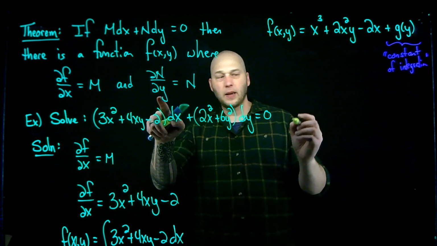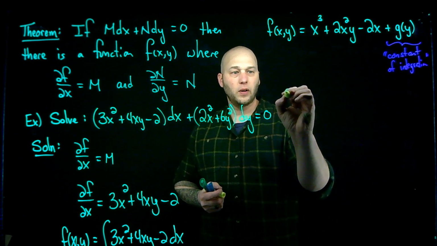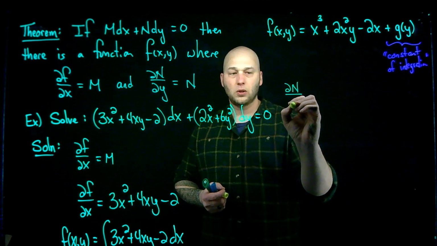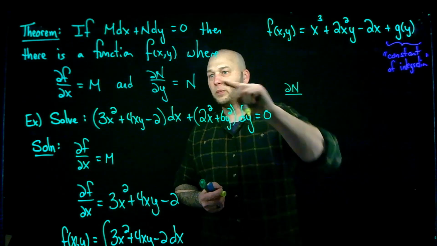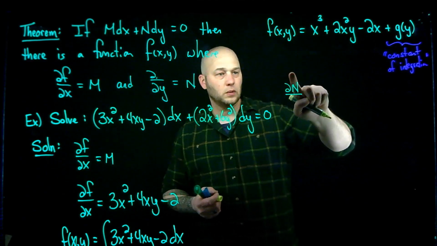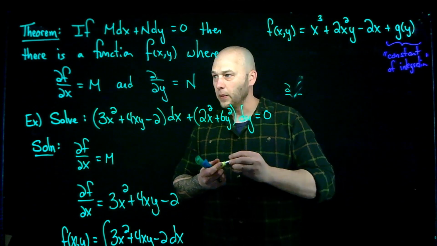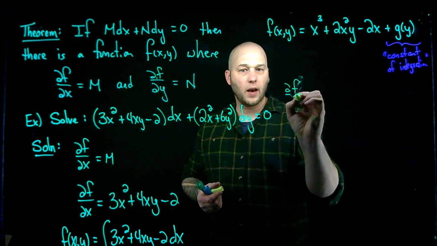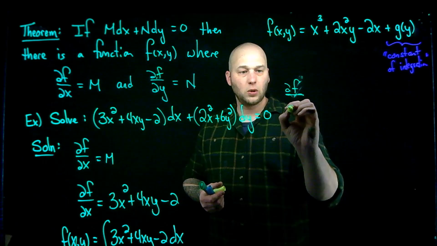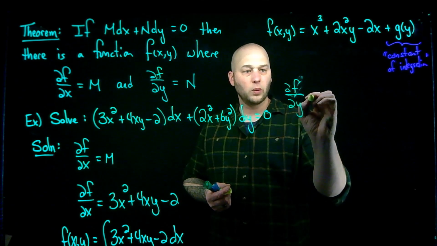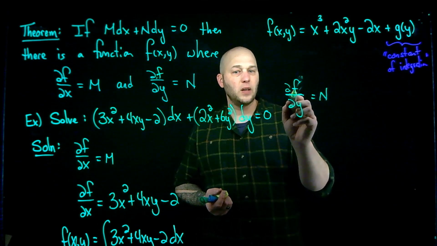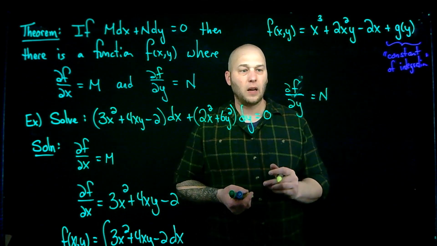So again, I'm going to copy that down. I know that the partial derivative of f, sorry, that should be f. That's why I was kind of hesitating there. Partial derivative of f with respect to y is equal to N. And I know what the function f is, at least a handful of the terms.